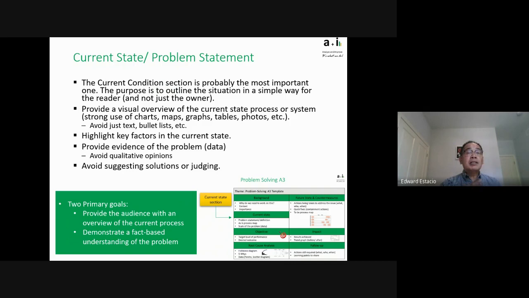Let's outline the situation in a simple way, so we don't confuse anybody. Let's provide a visual overview of what is going on. Let's highlight key factors in the current state. Do we have data to prove it? If not, let's collect the data. And let's avoid suggesting solutions or, again, judging.